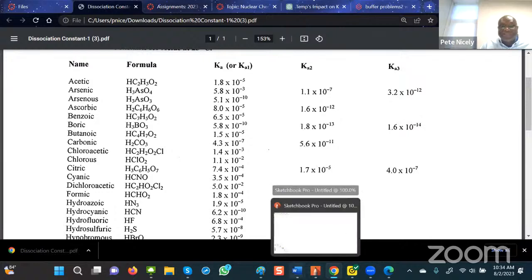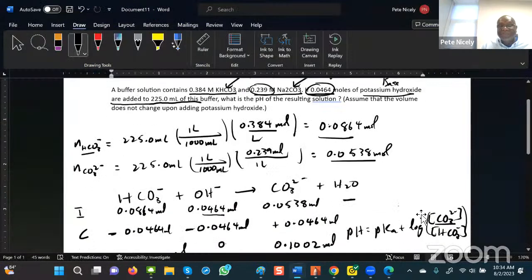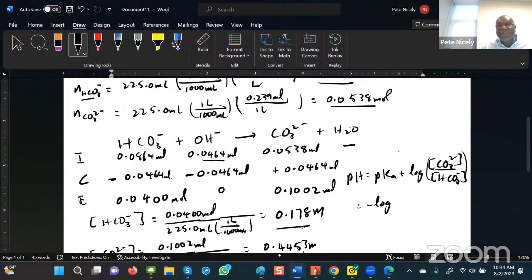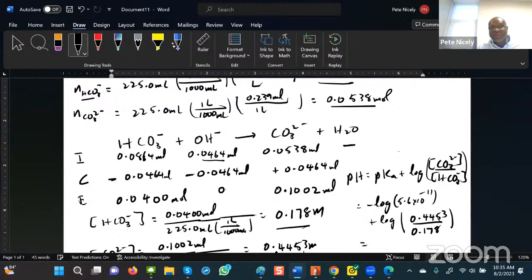So going back to this here, this will be 5.6 times 10 to the minus 11 plus log of the concentration of the carbonate, which is 0.4453, divided by the concentration of the bicarbonate, which is 0.178. And that's it. All you have to do now is the final calculation.